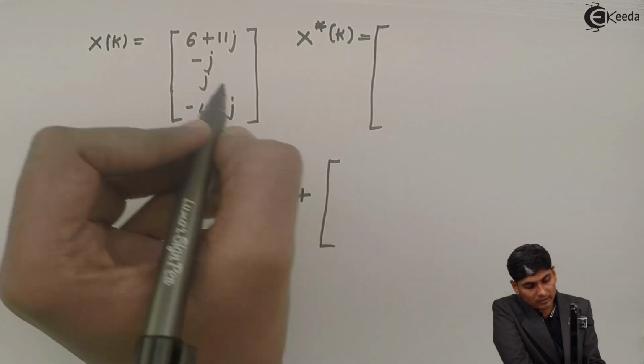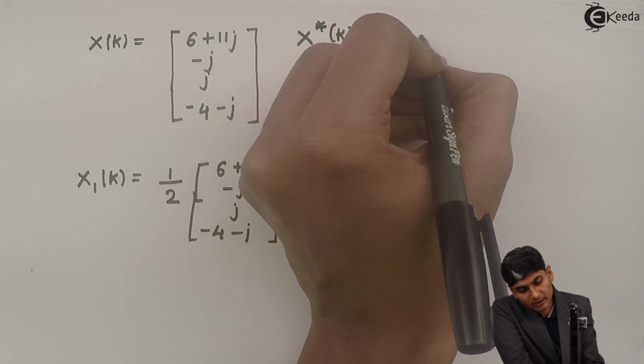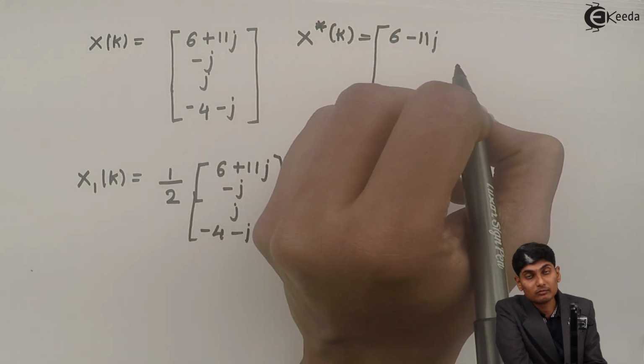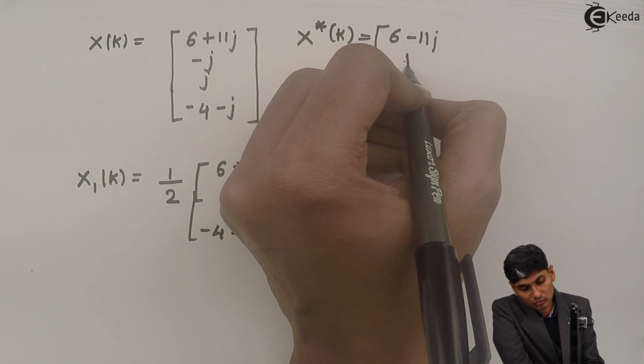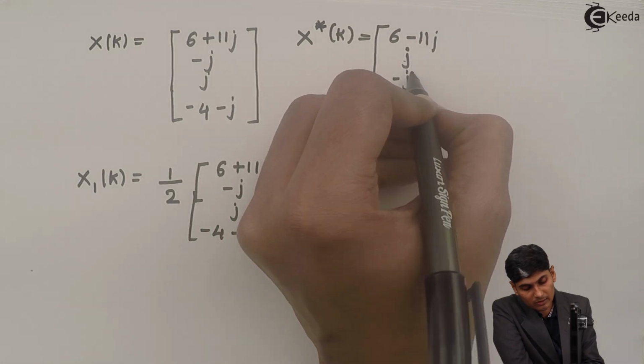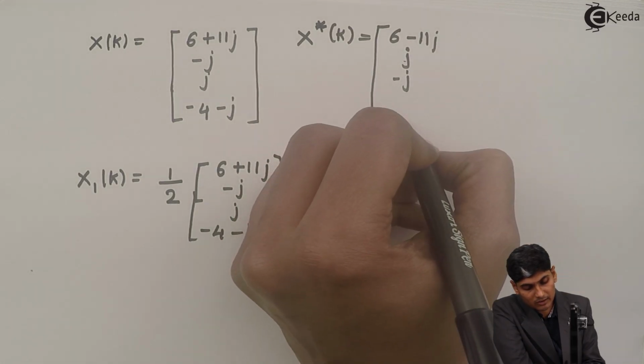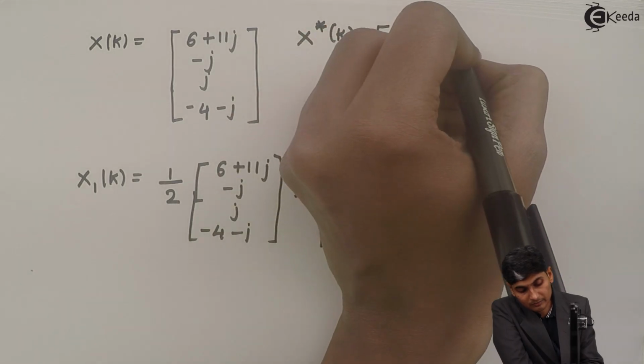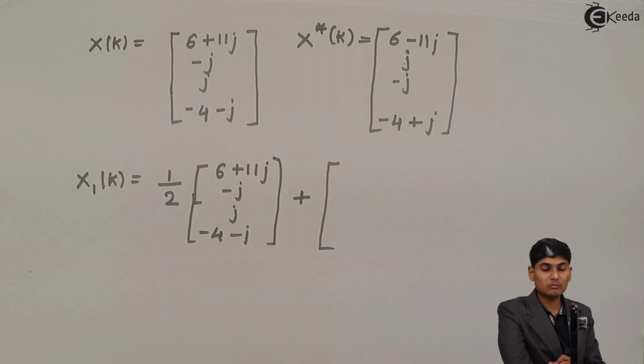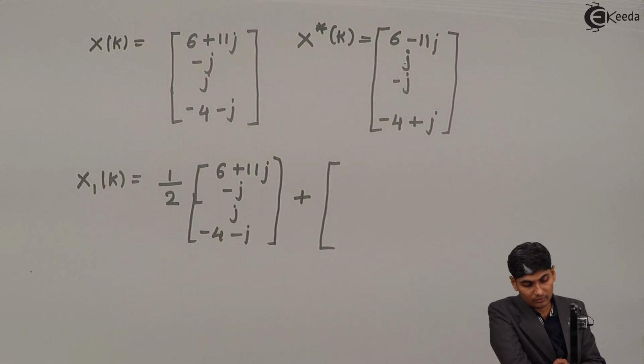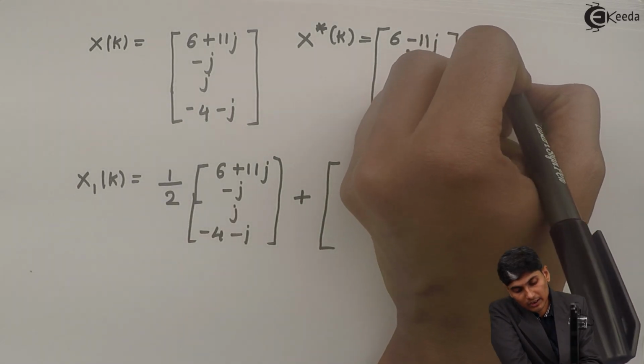Conjugating a sequence is just replacing its j signs. So wherever it is plus j it will become minus j, and wherever it is minus j it will become plus j. This is nothing but the conjugate of x of k, but I don't want just the conjugate of x of k.